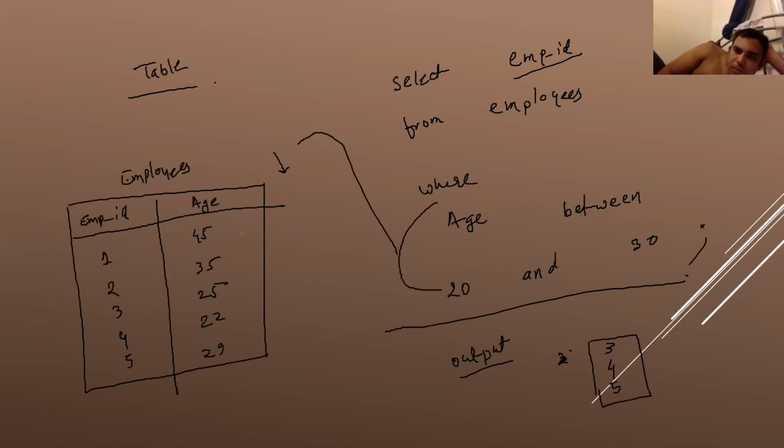What will be the result over here? False, false, true, true, and true. So we'll get these 3 results, right? Yes.